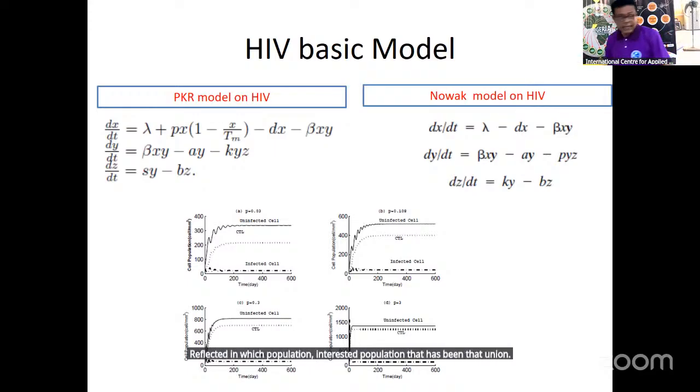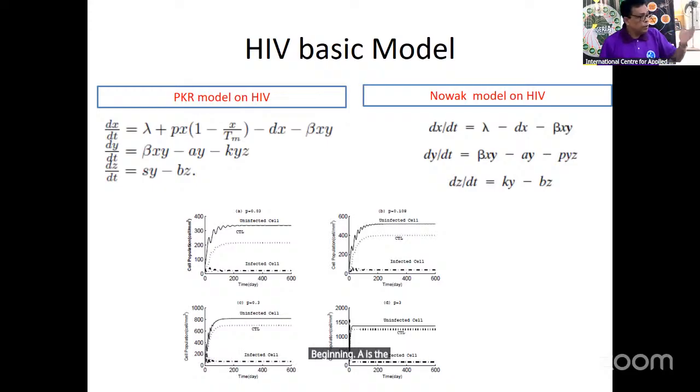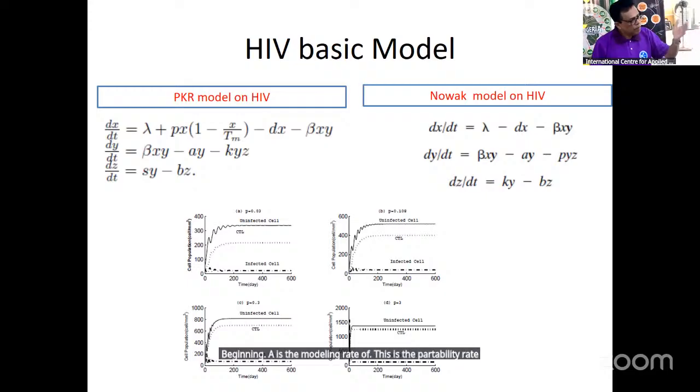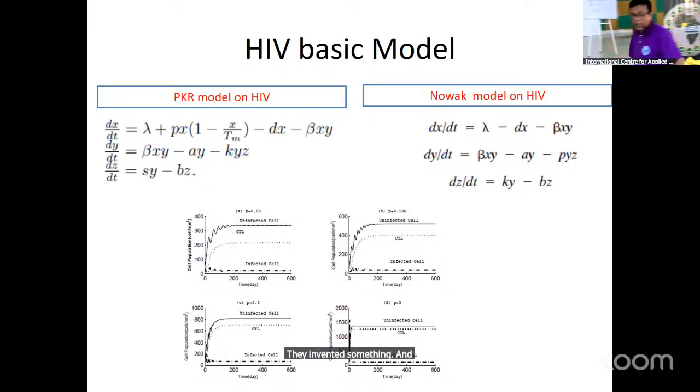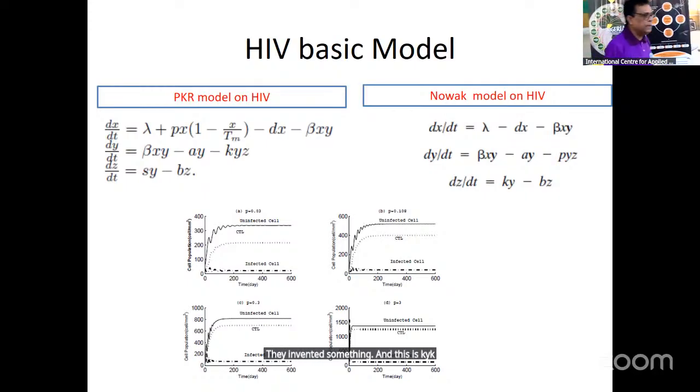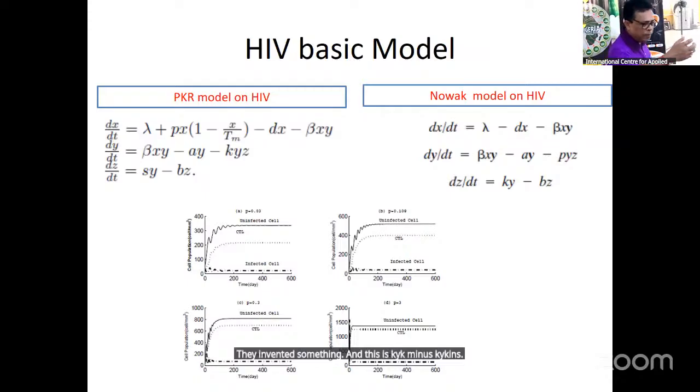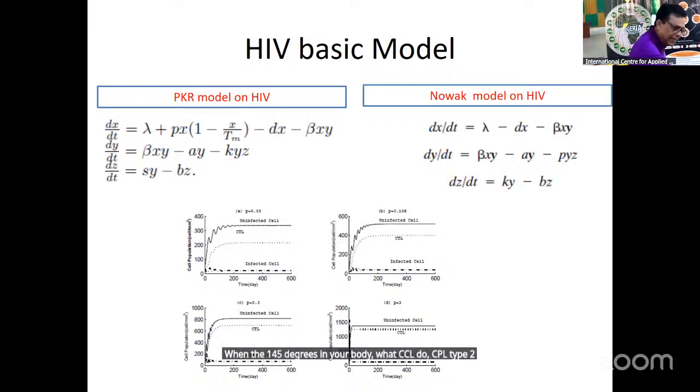Again, A is the mortality rate of the infected cell. And this is minus K Y Z. When a foreign particle enters your body, the CTLs try to kill it.